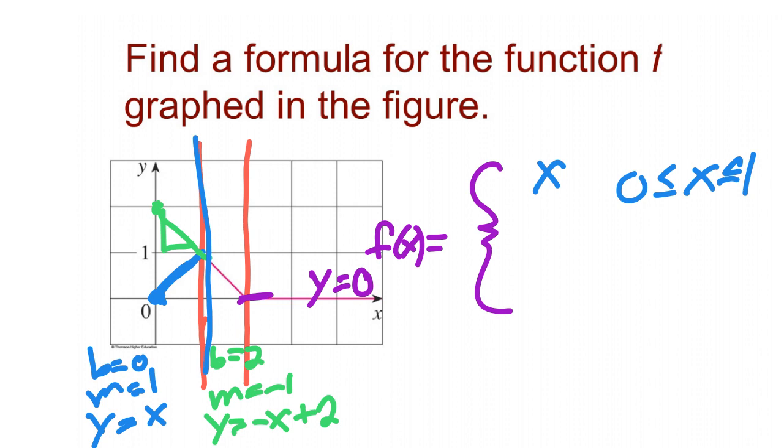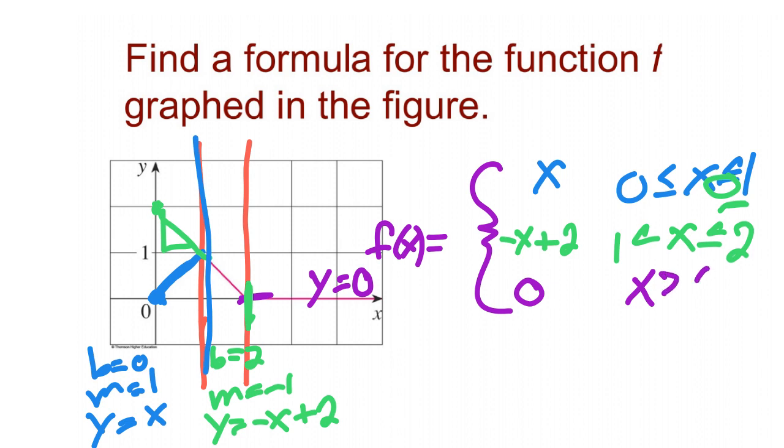And then it is equal to negative x plus 2, and we don't want to double up the 1, so you could have had the equal to up here or down here, but when x is greater than 1 and less than or equal to, that's 2. And then last but not least, the purple section, y is equal to 0 when x is greater than 2. That's it.